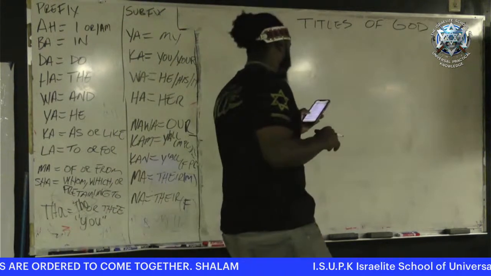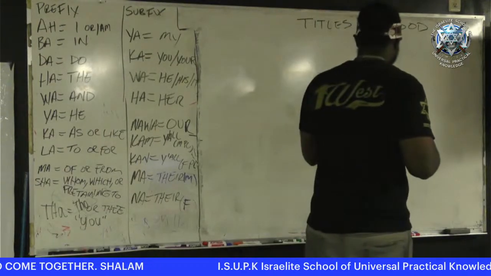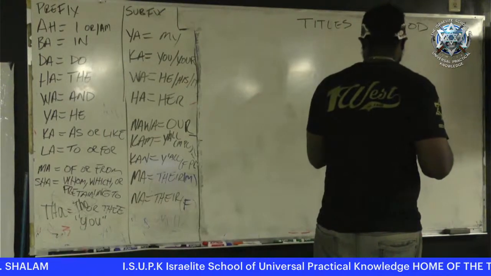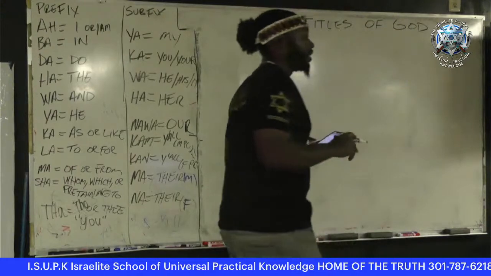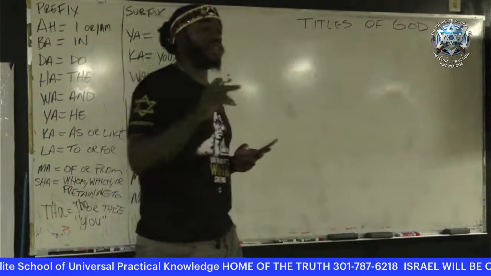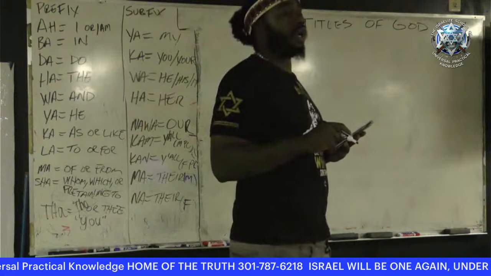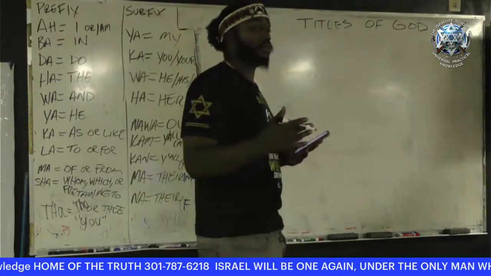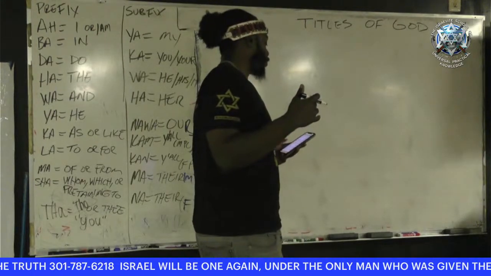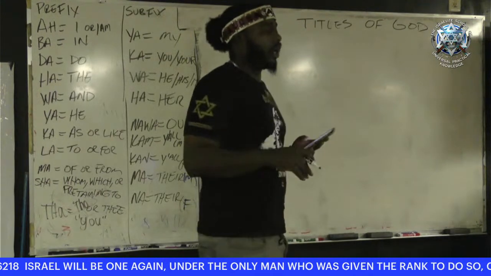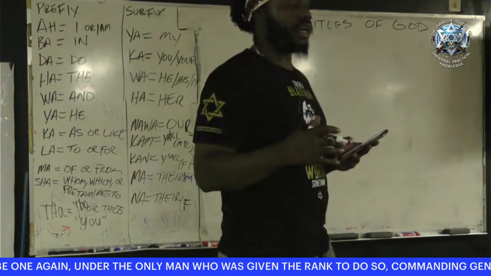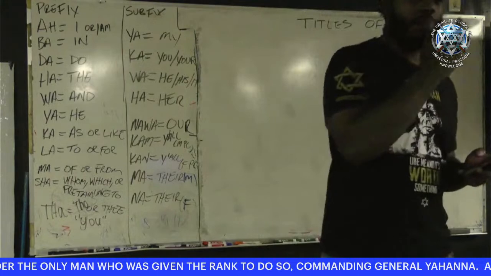Isaiah 7 and 14. Okay. So it's two titles actually physically in the scripture, right? We're going to go over the verse, and the beginning of the verse is going to be a review for us.